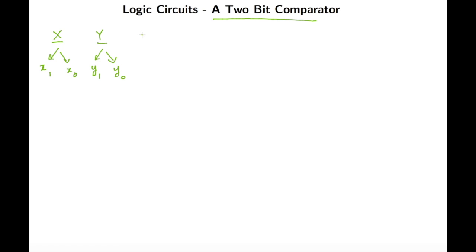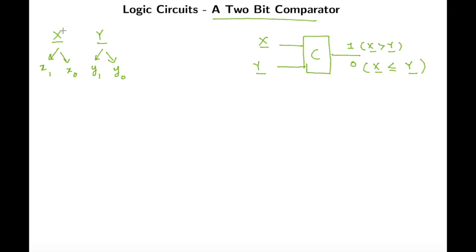Okay, so now our 2-bit comparator can be of two types. One type is that this is my comparator here. So I give it X and I give it Y, and then it gives us 1 if X is greater than Y, and 0 if X is less than or equal to Y. Now I put an underline here.